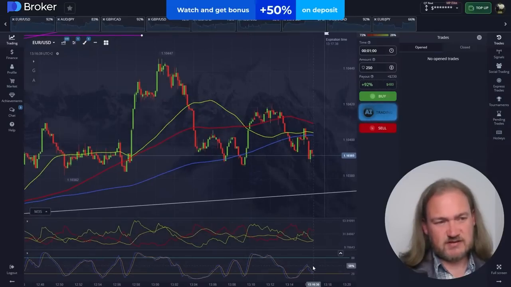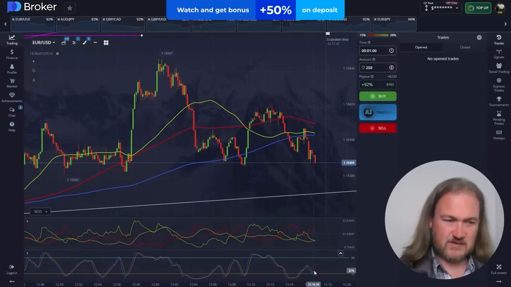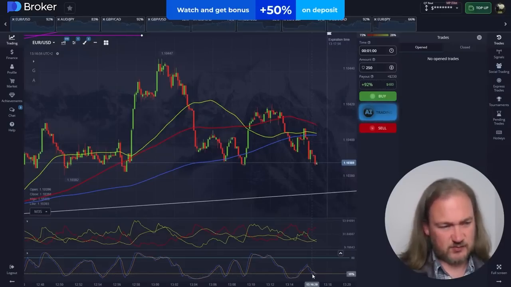We've got some divergence here. Let's have a look at this. This is very sloppy though. I don't really like to trade it when the stock is going crazy like this, zigzagging, when it's not smooth. I'm not too fond of it.